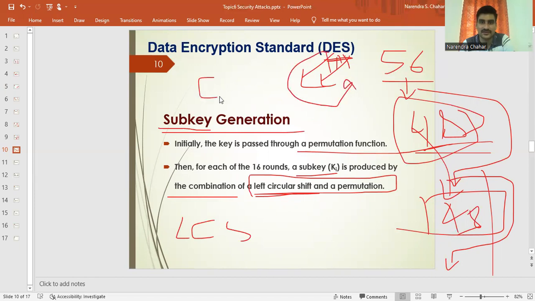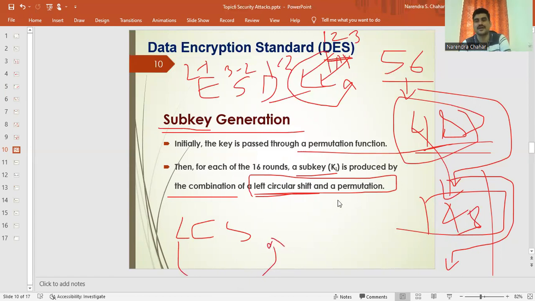So what will it be? E, S, D. With positions 1, 2 and 3, we are moving position 2 to 1, and 3 to 2, and 1 to 3. Why are we doing this? Because we are applying the circular shift. So we are just doing this and a permutation.